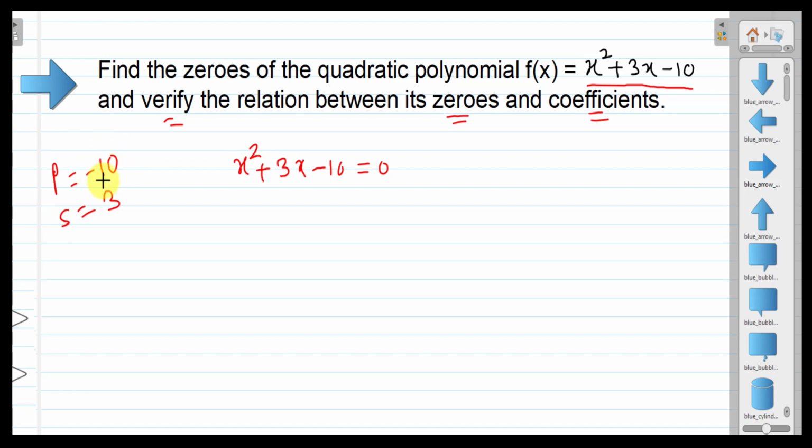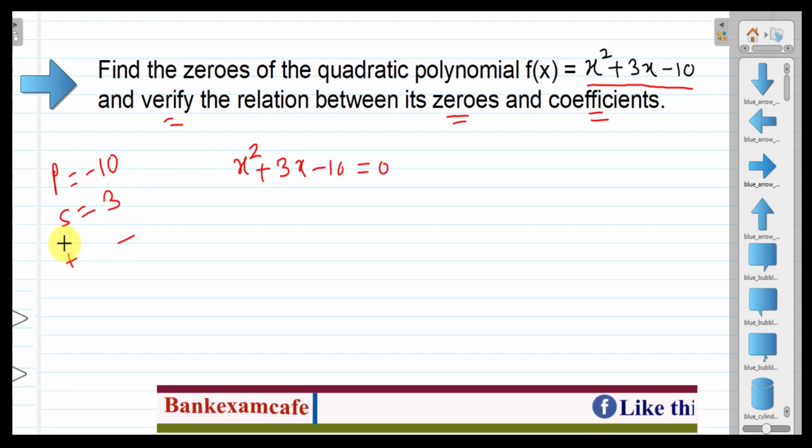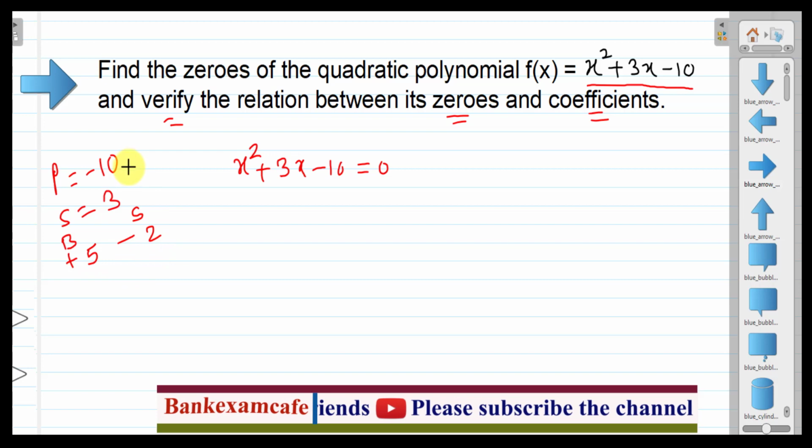Since the product is negative, one number will have positive sign and one number will have negative sign. Now since the sum is positive, the bigger number will have positive sign and the smaller number will have negative sign. And so the two numbers are 5 and 2, since 5 twos are 10. The product is minus 10 and 5 minus 2 the sum will be 3.